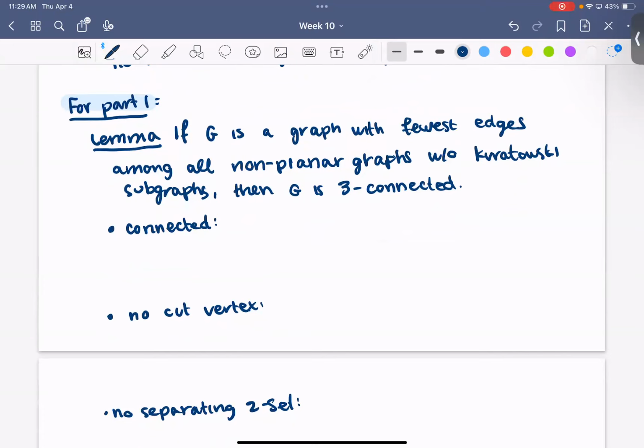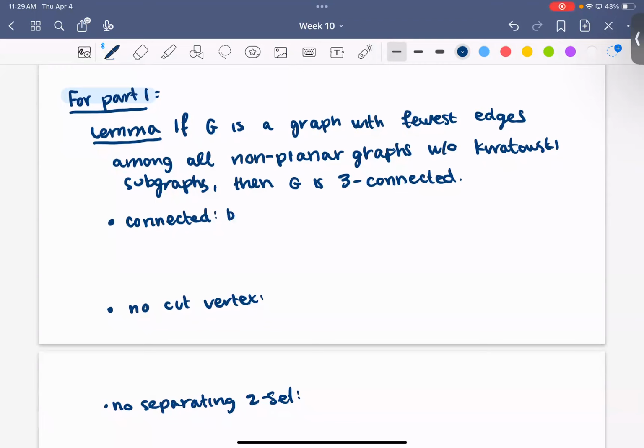Okay, so why is it connected? You just say it's connected by minimality, because if it's disconnected and non-planar, one of its connected components must be non-planar, and that one also doesn't contain a Kuratowski subgraph, so it would be more minimal. Yeah, exactly.